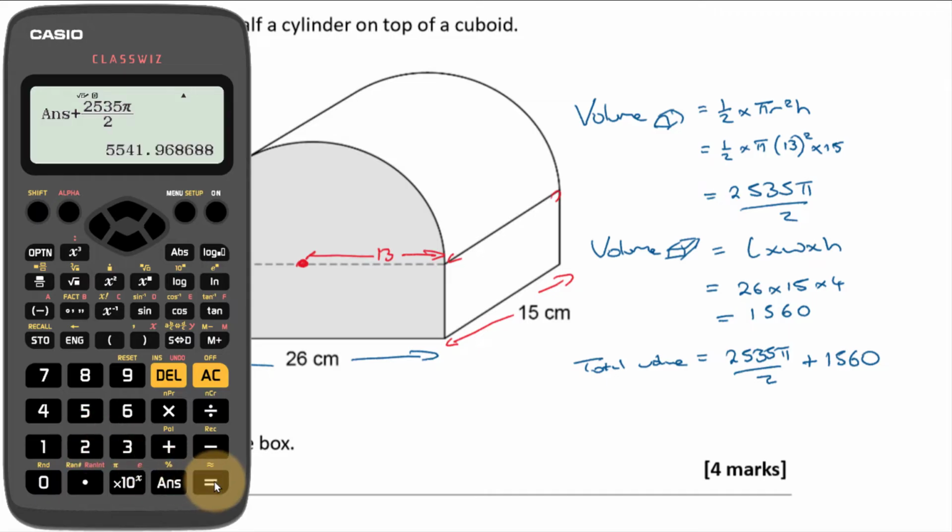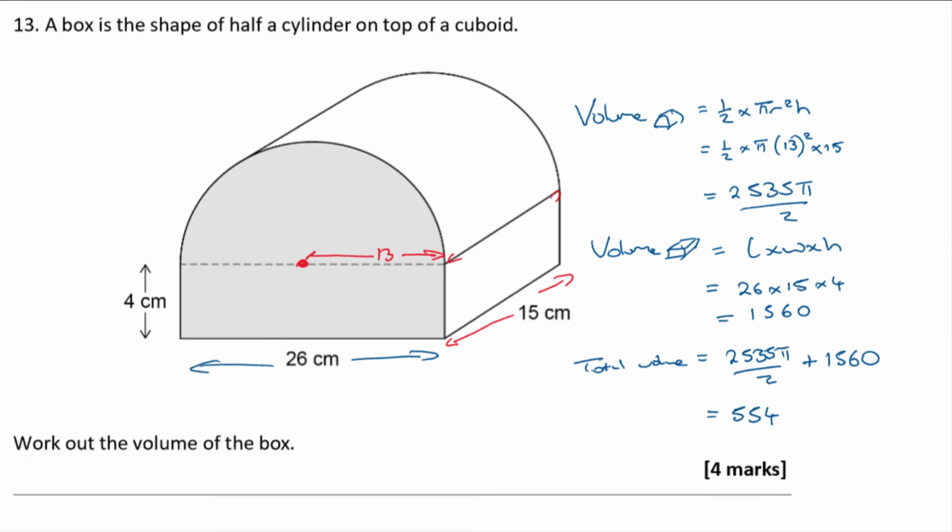That comes out to be 5,541.9. I think I'm going to round that up to the nearest whole number. So that is 5542 what? Centimeters squared. Nope, cubed, because it's volume.